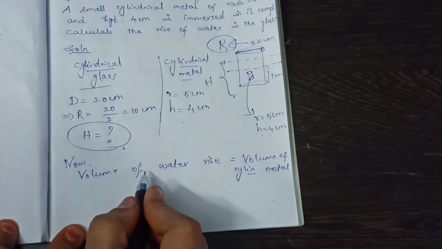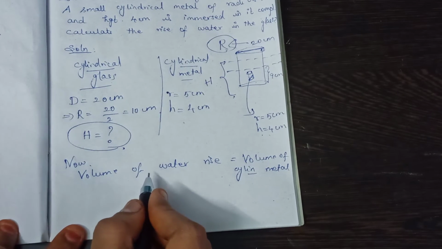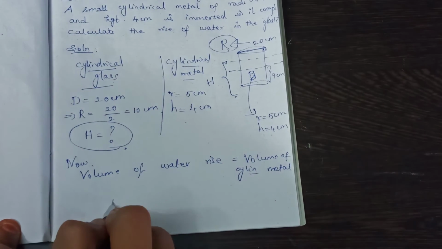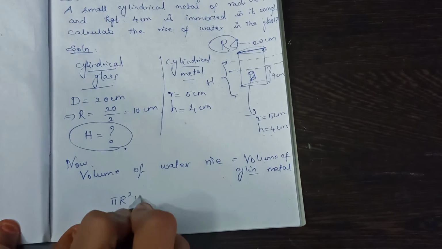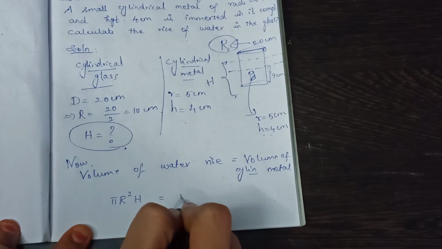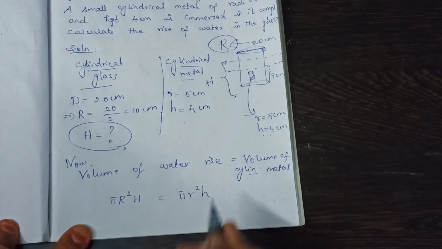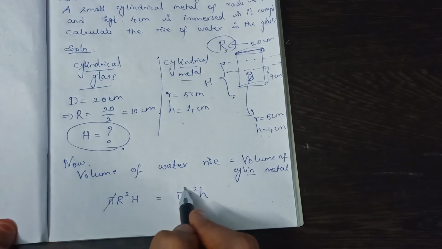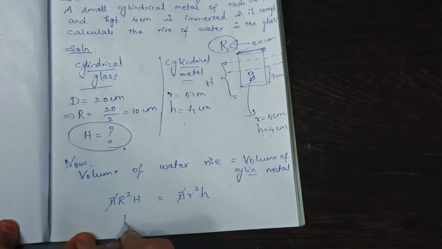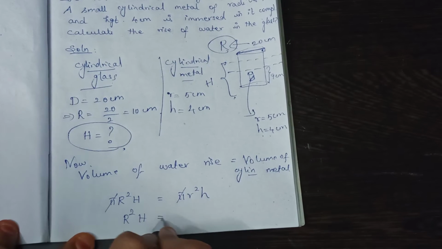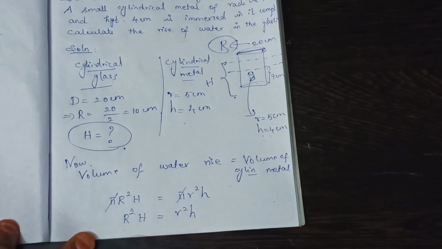So we know that volume of a cylinder is given by pi r squared h. Therefore here pi capital R squared capital H is equal to pi small r squared small h. So here pi gets cancelled. Therefore we have capital R squared H is equal to small r squared h.